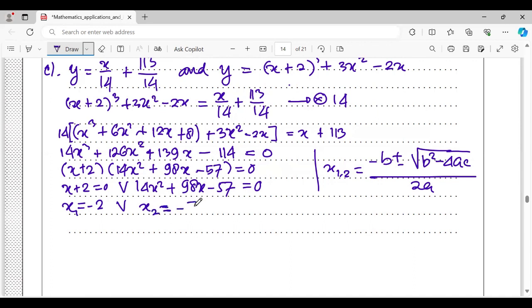You can determine x. You're going to find x1, x2, where x2 equals minus 7.539997, and so on. X3 is 0.539978, and so on.